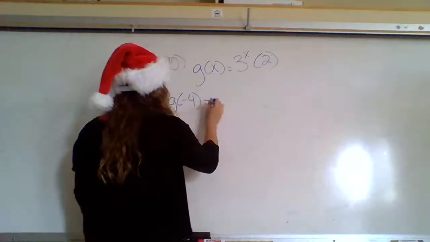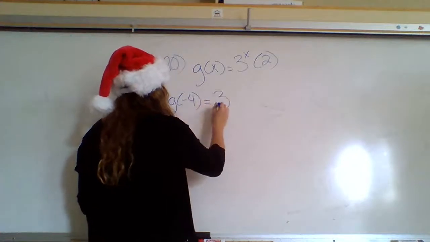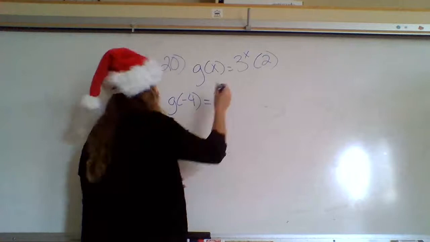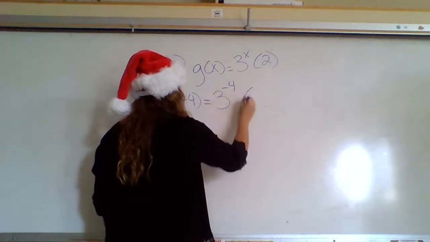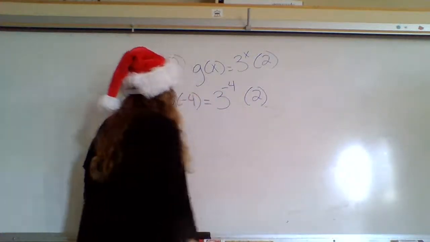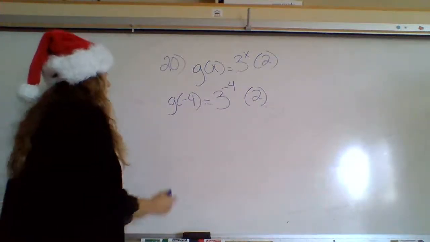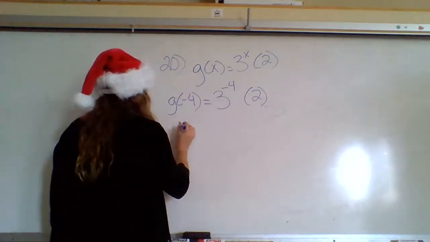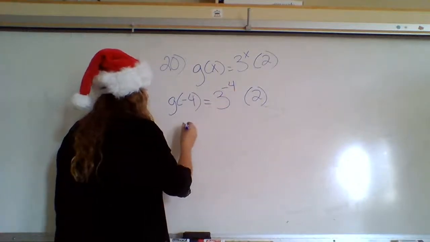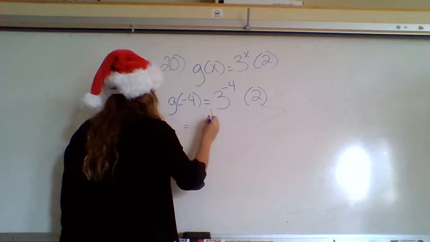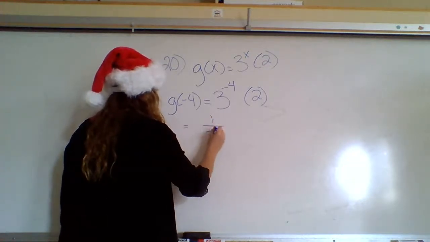So g of negative 4 equals, substitute negative 4 in for x. 3 to the negative 4, and then times 2. Okay, well, with our exponent rules, we know that that is also 1 over 3 to the 4th times 2.